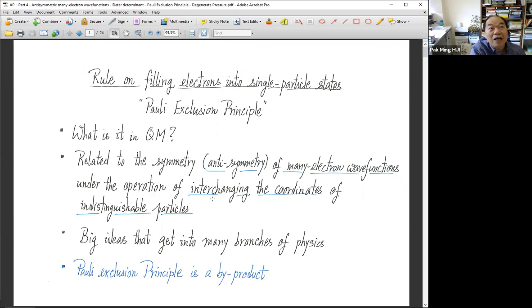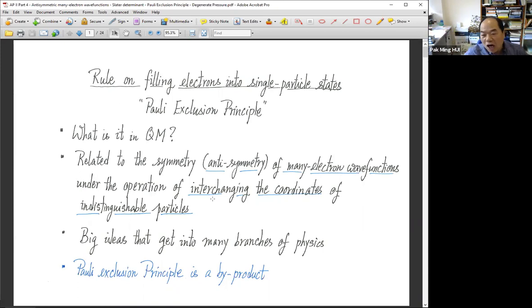In Cantonese it is 不可分辨的, okay, 不可分辨的. It is, to my viewpoint, more than identical. Identical particles in Cantonese is 傳統粒子, okay. Identical means the electron here is exactly the same as the electron on the moon.